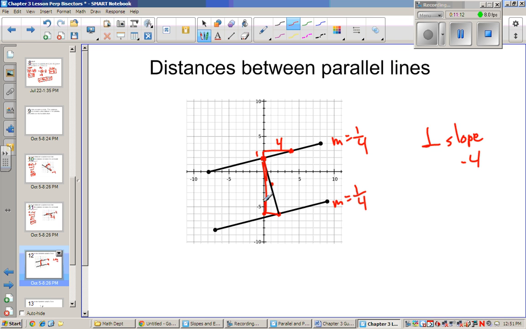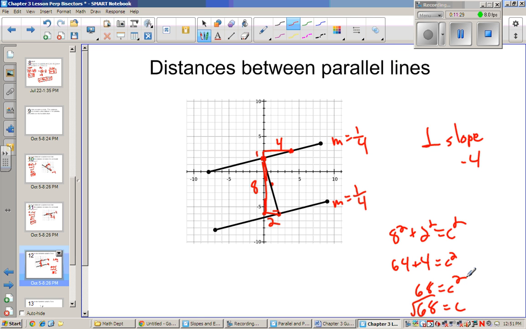We went down 8 and over 2. So if we have 8 squared plus 2 squared, that's 64 plus 4, which is 68. If I square root 68, I'll get the distance between them, which is 8.25. So c is 8.25 units long.